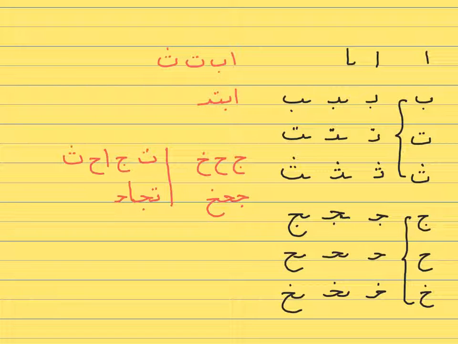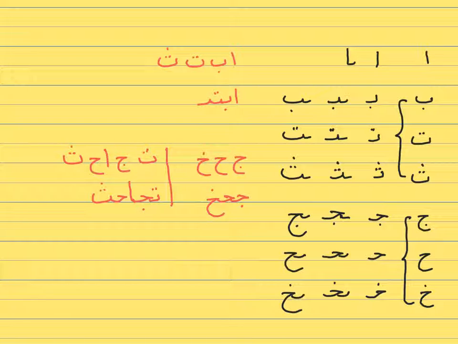Now you want to join ha. Can you join them? Yes, you can join. And the next letter sa can be joined to the previous letter. So we draw the sa. And since this is the last letter in the word, we draw the original form of the sa. Okay, so there you go. This is your ta, jim, alif, ha, and sa.